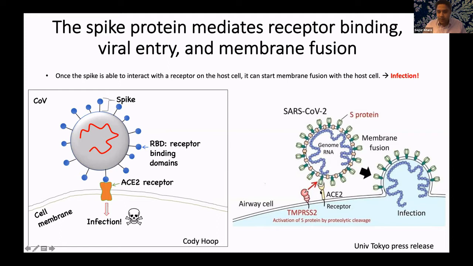For example, there is a co-receptor called TMPRSS2, which is involved in cleaving the spike protein, or modifying it by proteolysis, and I'll explain what that means. It serves to activate the spike. This kind of activation is extremely important, as it enables the spike protein to then cause membrane fusion and subsequent release of the viral RNA.